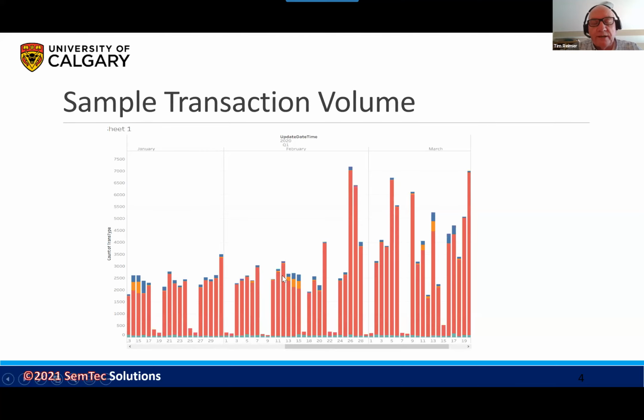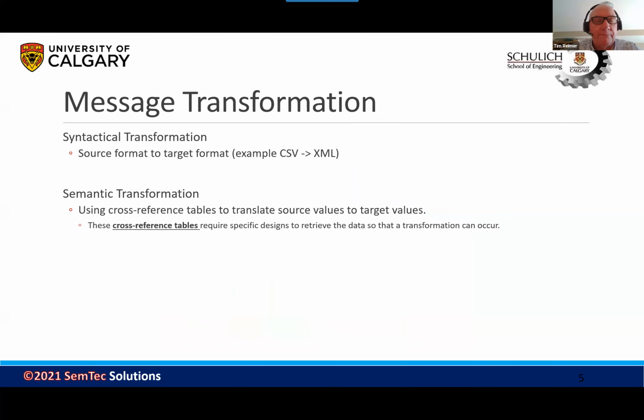And those messages coming into the integration layer have to be transformed semantically and syntactically in order to be sent out to the respective target system or consuming application. As I mentioned already, we differentiate message transformation, or message mapping, into syntactical and semantic transformation.